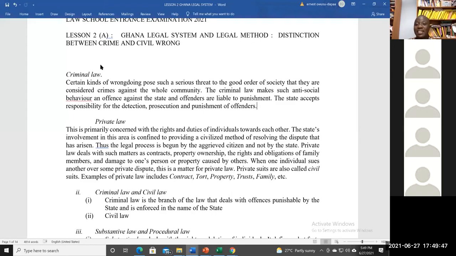If you look at Article 75 of the 1992 Constitution, what it means is that once the executive has signed up to a treaty, it does not have immediate binding effect in Ghana unless it has been domesticated by means of incorporation.